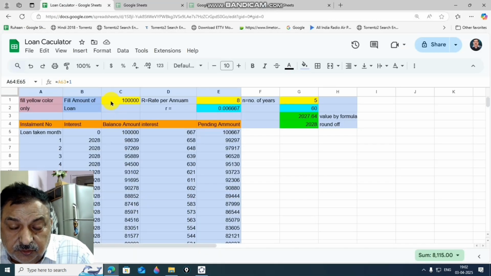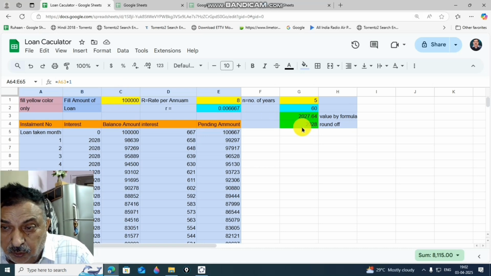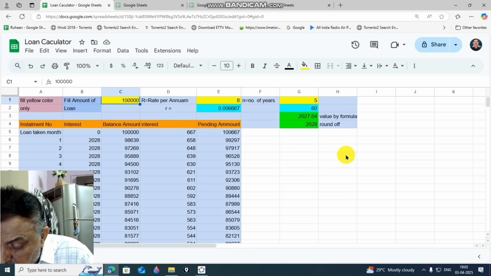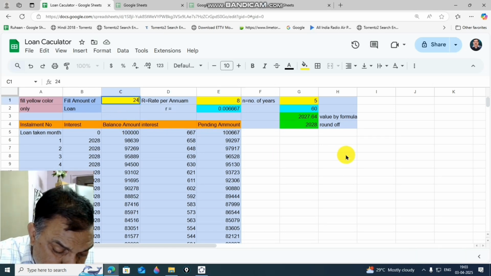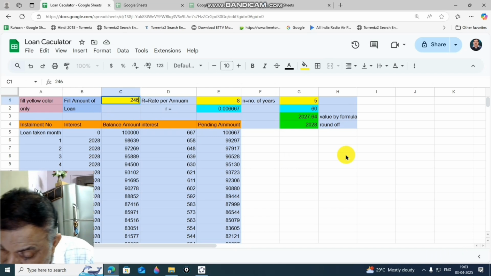We check on Google Sheet. First this was given and we found this. Now 5,000 EMI is given, and we check here, the calculated value is 246589.